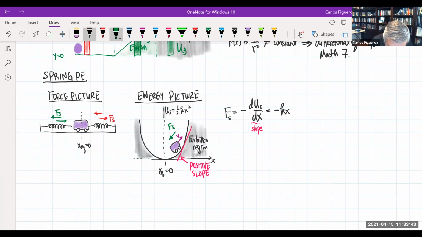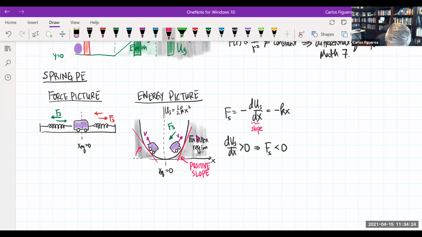Okay, so one more time here. Since the slope of this guy is positive, that tells me that the force is negative. The spring force is negative. That's what we would have expected. And if the cart is moving in the opposite direction, like this, then if I look at the slope of this guy, you could see here that the slope of this thing looks like this.